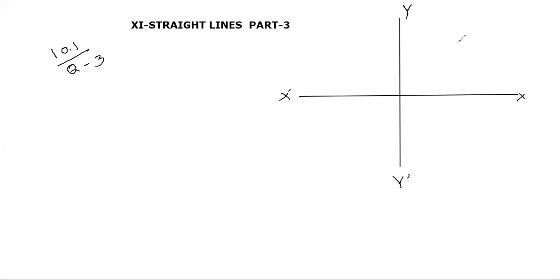PQ is parallel to the y-axis. First, P and Q are parallel to the y-axis, so they will lie somewhere on a line. Suppose this is the line which is parallel to the y-axis, and on this line these 2 points lie, P and Q. Suppose here we take the point P, whose coordinates are x1, y1, and Q is another point whose coordinates are x2, y2.